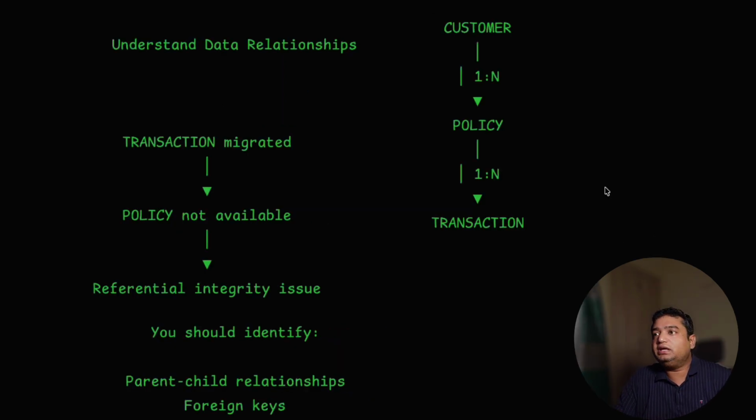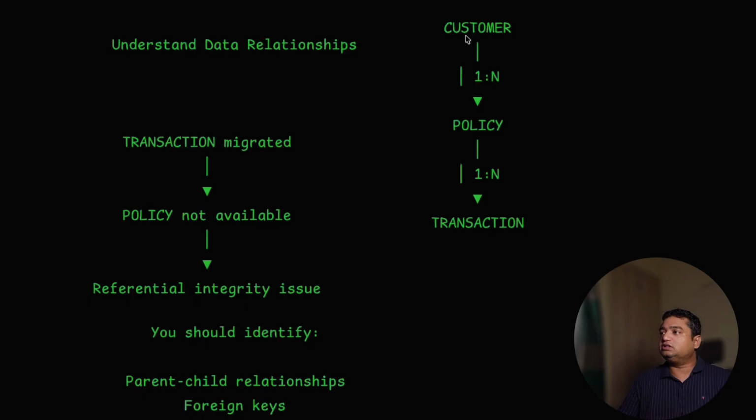The other important thing is understanding the data relationship. Obviously, the data will be related business-wise and also technical referential integrity-wise. We need to understand that relationship, and accordingly we have to migrate the tables. Otherwise, we cannot do multiple kinds of testing, even a small set of testing, in our target environment.